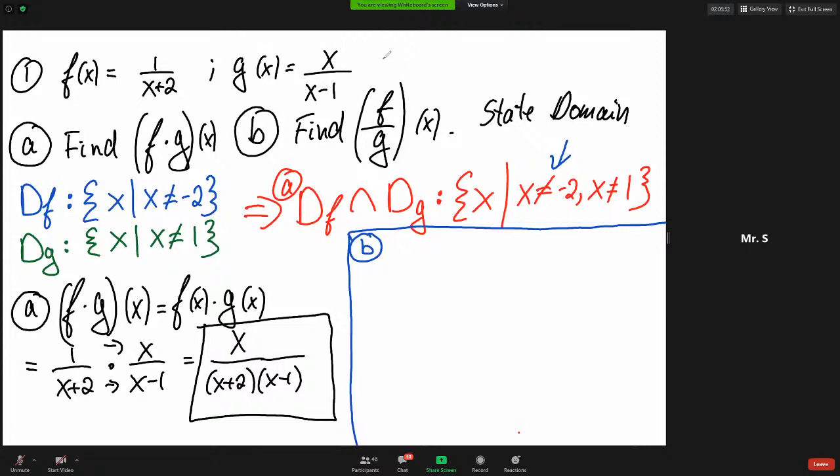So when is this whole thing equal to 0? We have to exclude the values for x that make the entire g of x equal to 0. And when does that happen? Looking at g, what value of x would make the whole function go to 0? 1. Yeah. So if we put in 1, that makes the denominator equal to 0, and it causes division by 0, which is undefined.